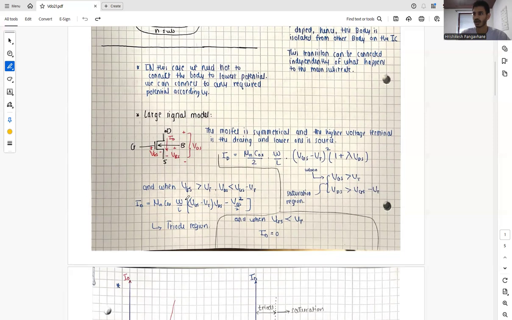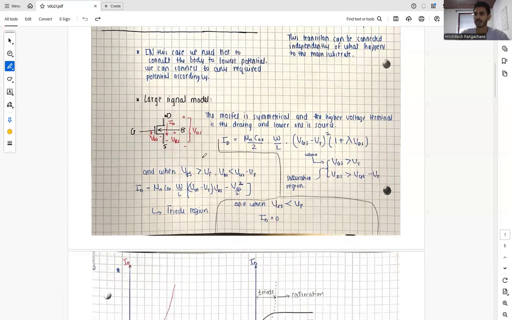This is called our triode region. This is the behavior of our current in the triode region. And when VGS is less than VT, our ID is 0. If the gate voltage is less than the threshold voltage, we have no current in our MOSFET.